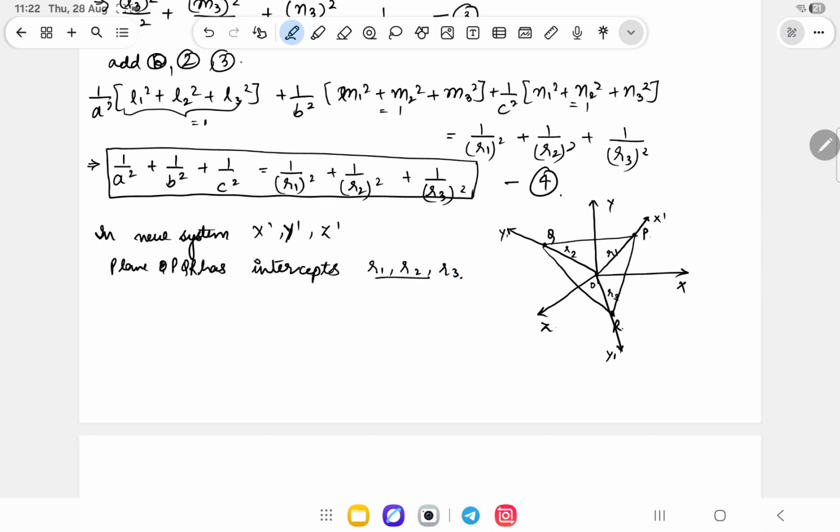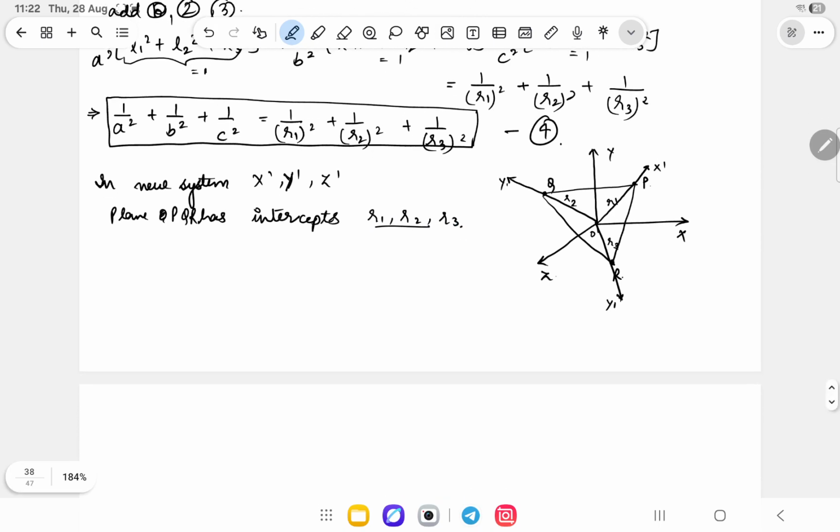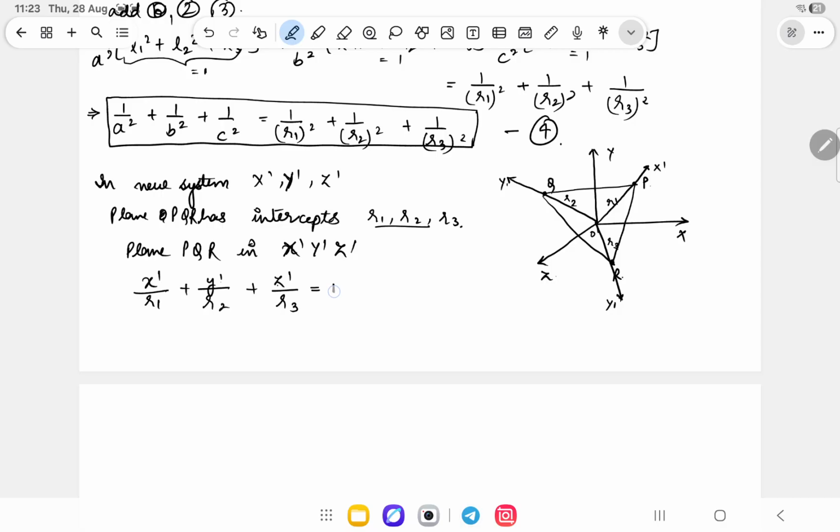Using the general equation of a plane which makes intercepts with the x, y and z axes, I'll get the plane PQR in x dash, y dash and z dash axes as x dash by R1 plus y dash by R2 plus z dash by R3 is equal to 1.